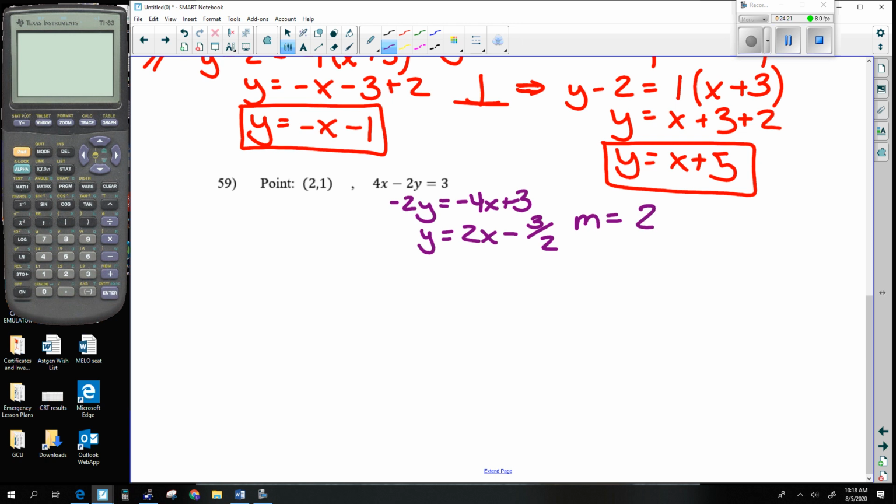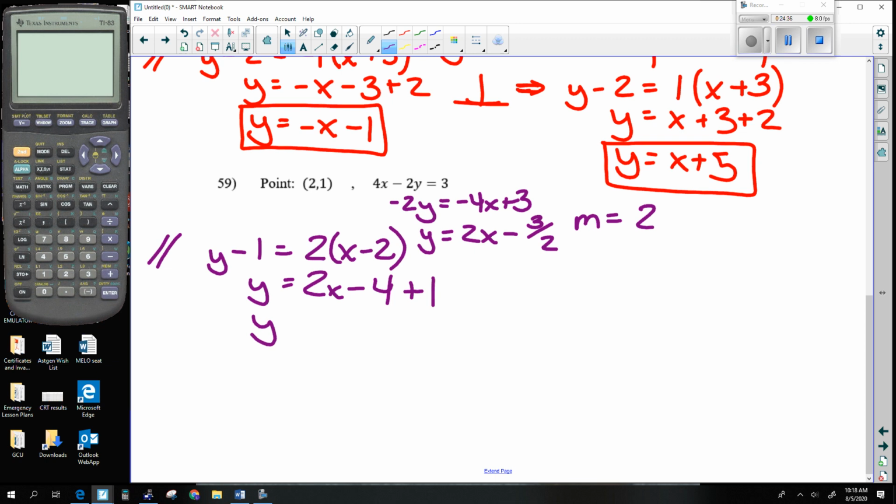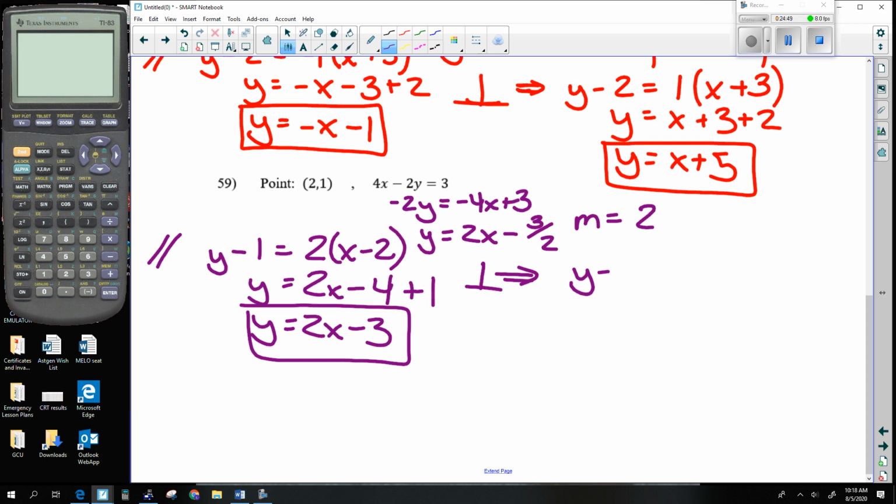All right, so parallel line. It means it has the same slope. So y minus y1 is equal to m, x minus x1. And then our perpendicular equation is y minus y1 is equal to m.